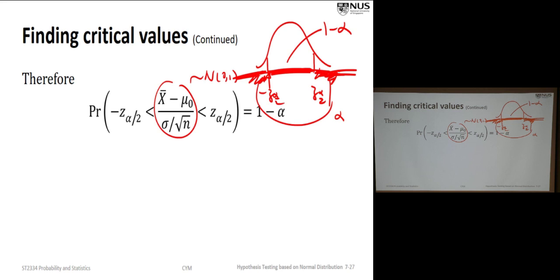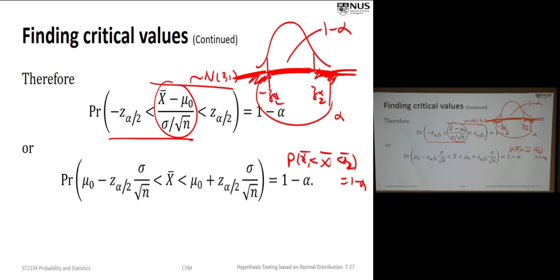Now we put it as mu naught. Then what are we supposed to do? Remember, I want to find the probability that X1 bar is less than X bar, less than X2 bar, equals 1 minus alpha. So this time, the mathematical objective is to put X bar at one end of the inequality. There are two inequalities here, 1 and 2. I try to rearrange it so that X bar is at one end of the inequality.